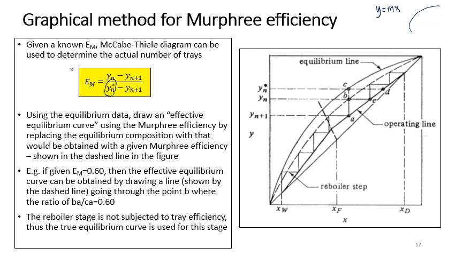Previously you already derived the operating line equation, so you should know where yn plus 1 is and relate it to the previous y.